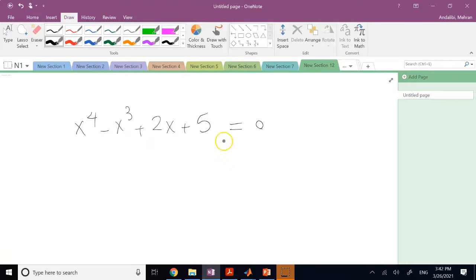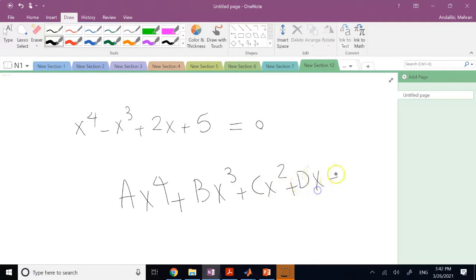If you want to find the roots of this, it has 4 roots. The roots have to be found numerically in general. Okay? Analytically, if I give you an equation like this, and I say, what are the 4 solutions, x1, 2, 3, and 4, in terms of A, B, C, D, and E? Do you know a formula for it?